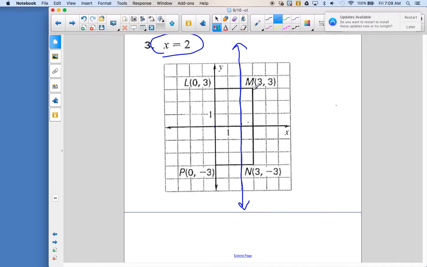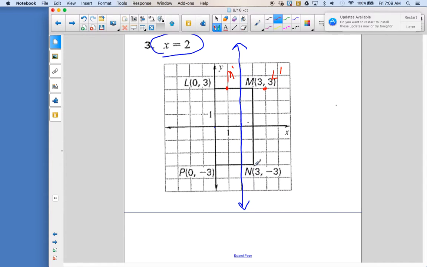So I'm going to take M, which is 1 unit to the right, and M prime will be 1 unit to the left. L is 2 units to the left of my line of reflection, because that's the blue line. So I'm going to go 2 units to the right, and that's where my L prime is.